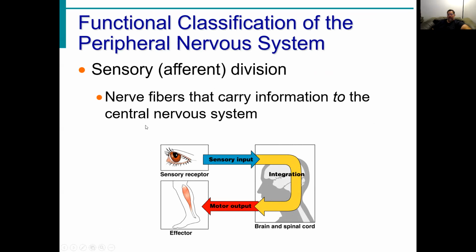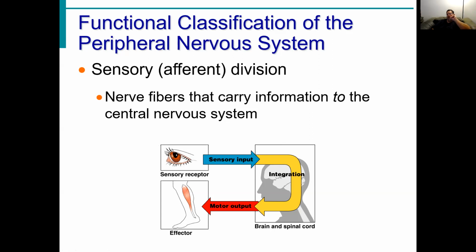And that information travels from specialized organs like taste buds through the nervous system to the brain. We call that afferent, meaning it's traveling towards the central nervous system.